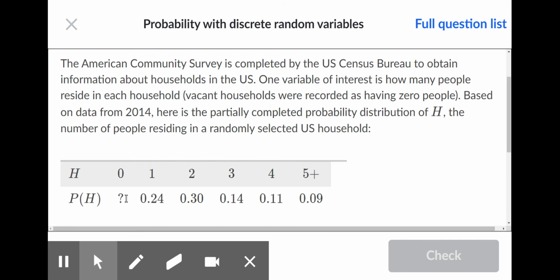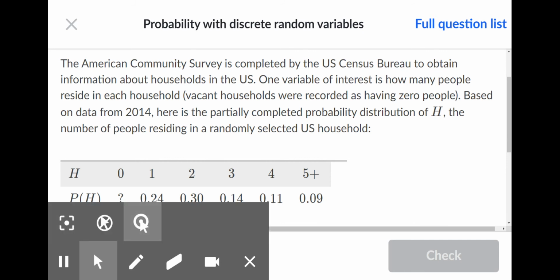This is a partially completed probability distribution, and a valid one is one that all adds up to 1. So in order to find this, all we have to do is take 1, subtract away 0.24, right?